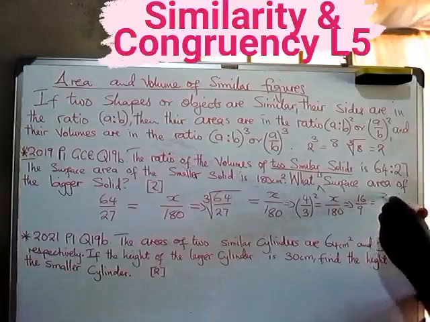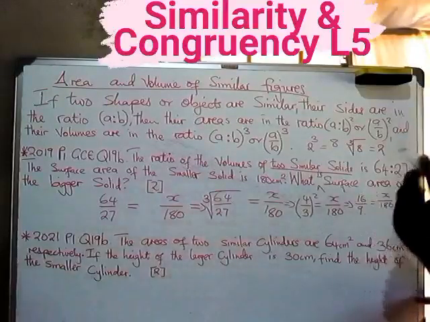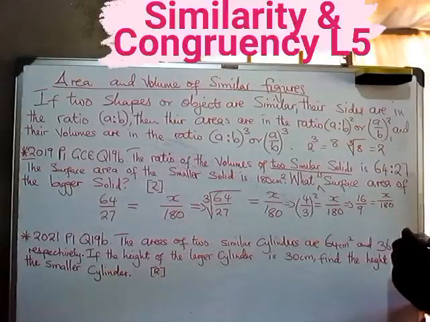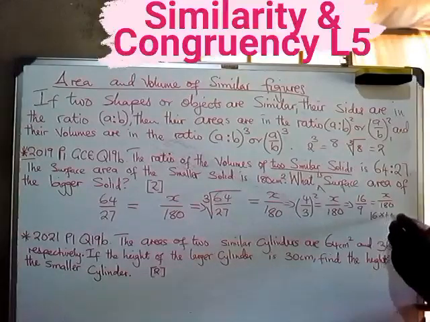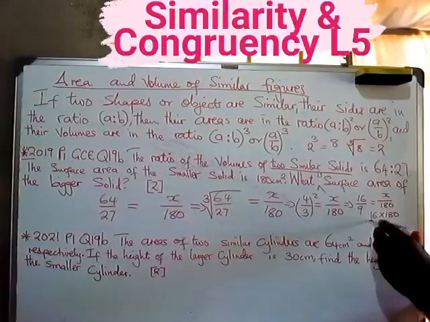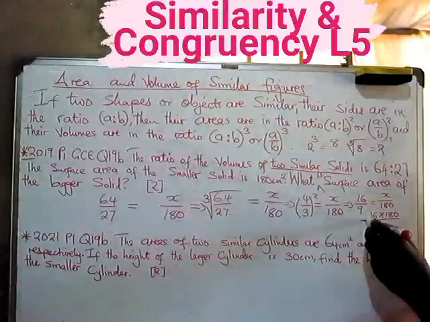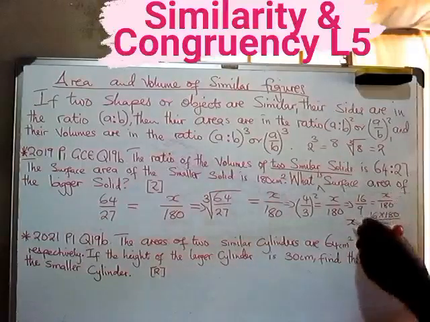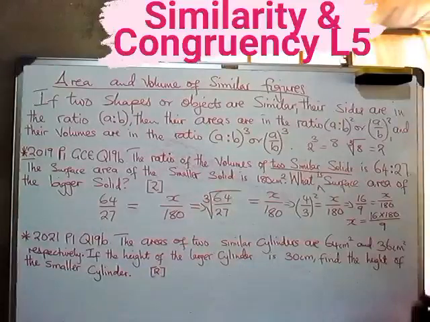So it's equal to x over 180. Do we have a common factor there? We don't. So now I'm going to cross multiply by saying 16 multiplied by 180 over 9 is equal to x, because 9 times x is 9x, then divide by 9 both sides.